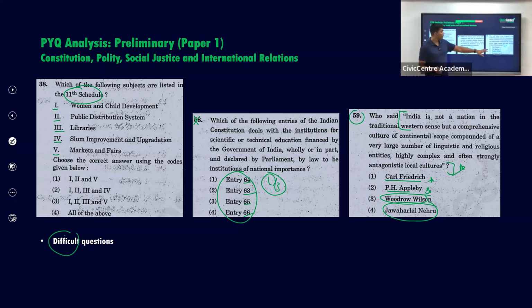So here we have to take a chance and guess. If you Google the exact statement, you are not getting it directly; maybe you will get some competitors telling you this is the answer. But if it was that famous, at least some newspaper, research paper, or author like India After Gandhi would have quoted it. That is very rare. Such questions, I would say, are difficult.